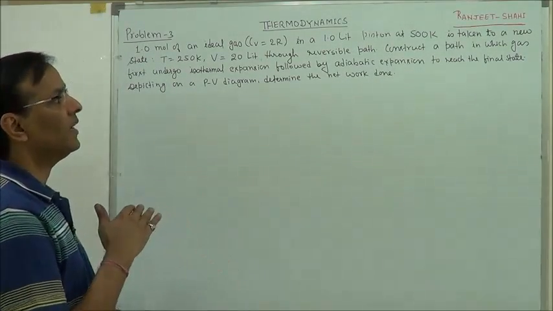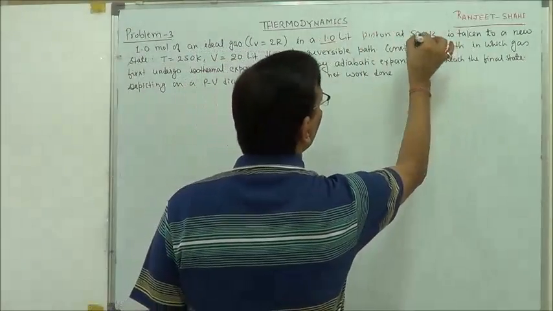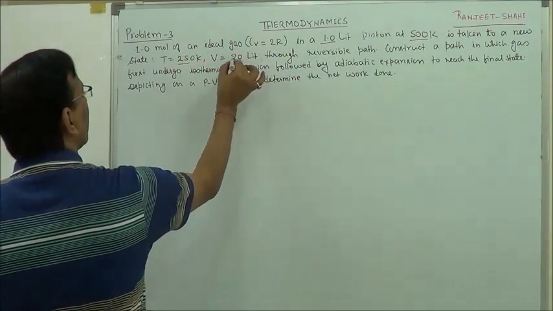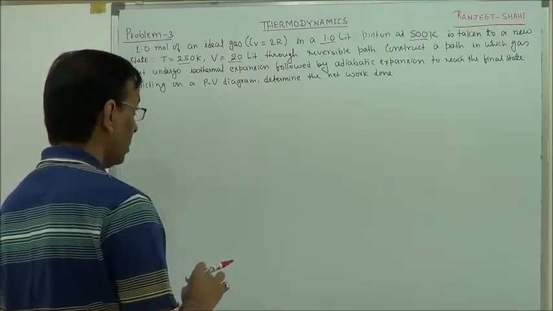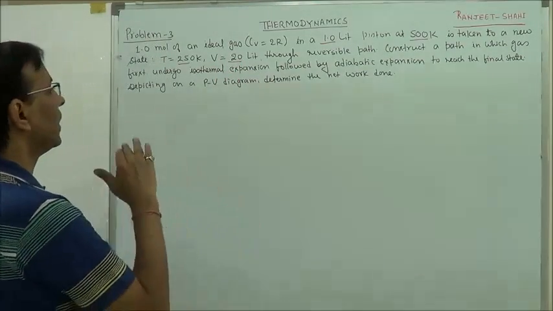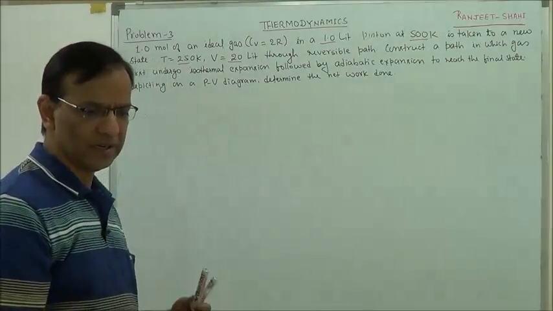We have been given an initial state where volume and temperature are known, and a final state where volume and temperature are known. But the final state is not reached in one single step.